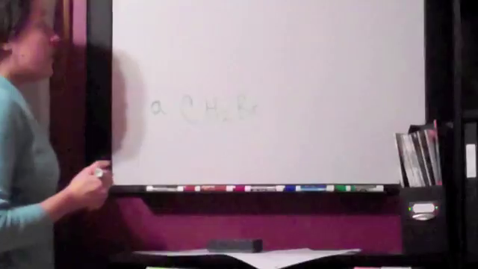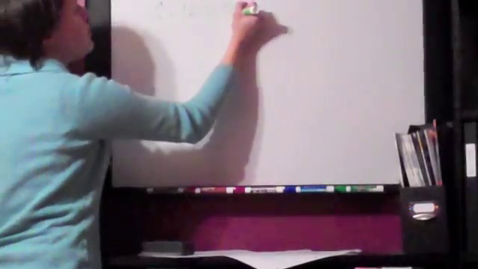So my empirical is CH2Br. I can figure out what the mass of that is just on its own. So I have 1 carbon, which is 12.01 grams per mole.